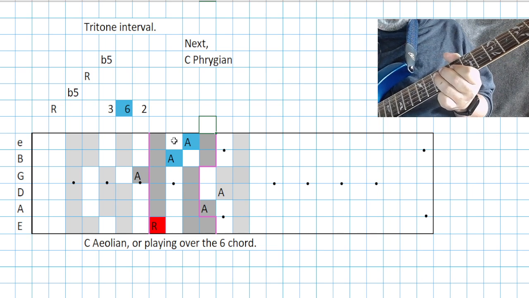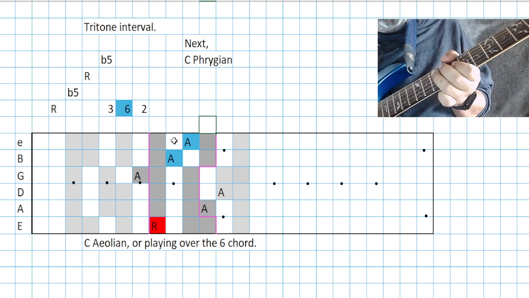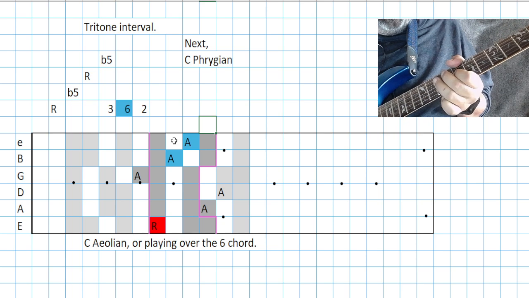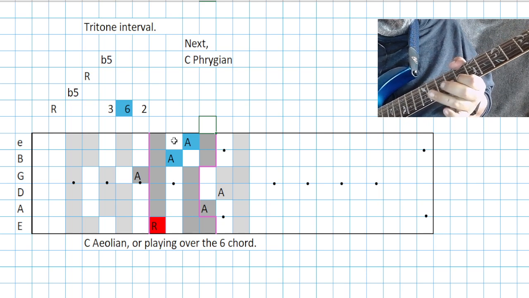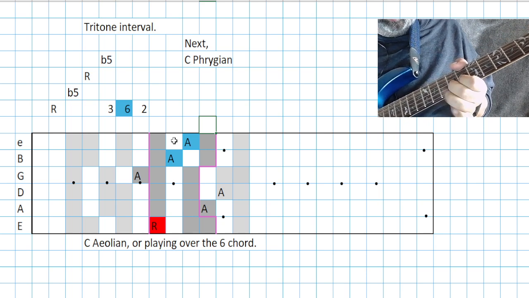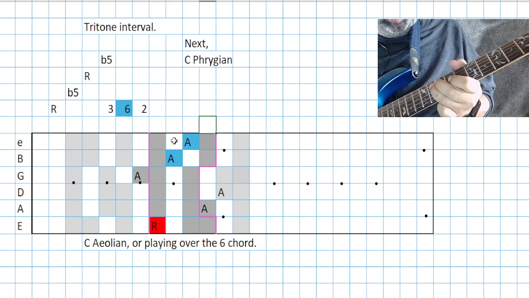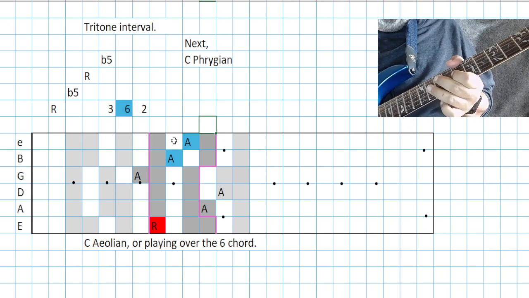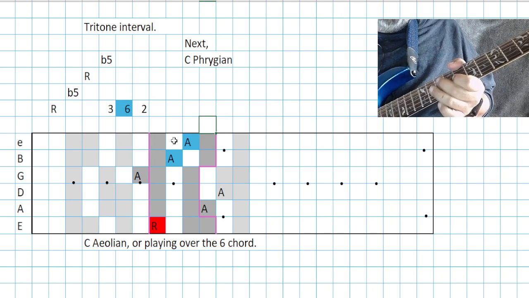But these character notes are what makes it. That was Phrygian. But if I go.